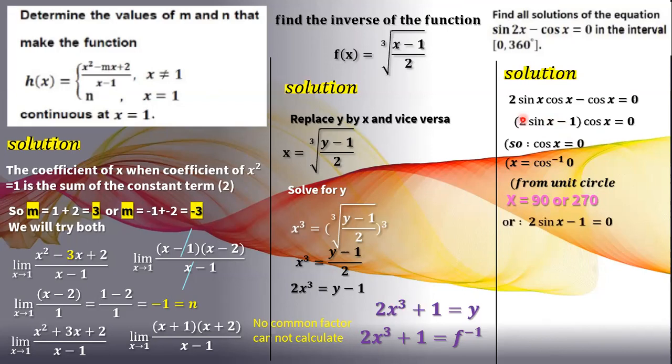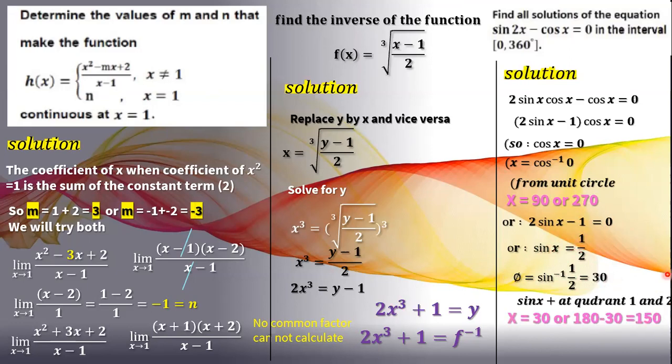Or the second one equals 0. Now we'll transfer negative 1 to the other side and divide by 2. So we'll get sine x equals 1 over 2. Now theta equals sine inverse 1 over 2 equals 30. The sign of sine x here is positive. Sine x is positive in the first quadrant and second quadrant.